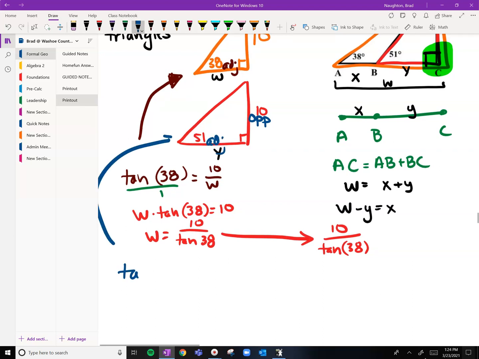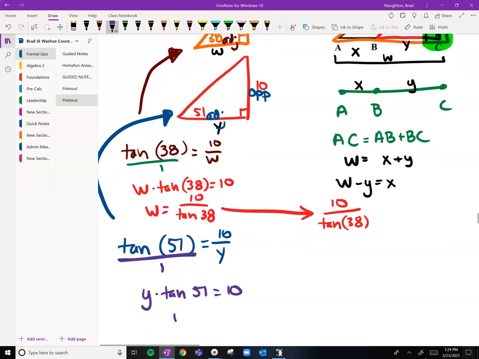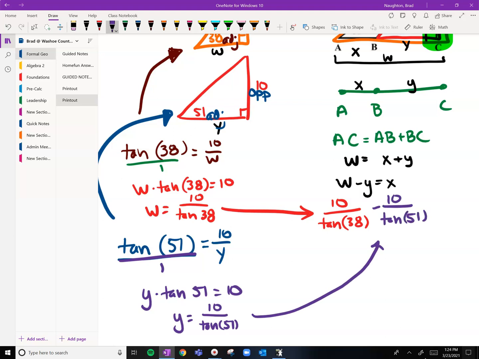For this red one down here, I'm going to write in blue, tangent of 51 is equal to 10 over Y. So cross multiply: Y times tangent of 51 is equal to 10. So Y is going to be 10 divided by the tangent of 51. So W minus 10 over the tangent of 51 is equal to X.